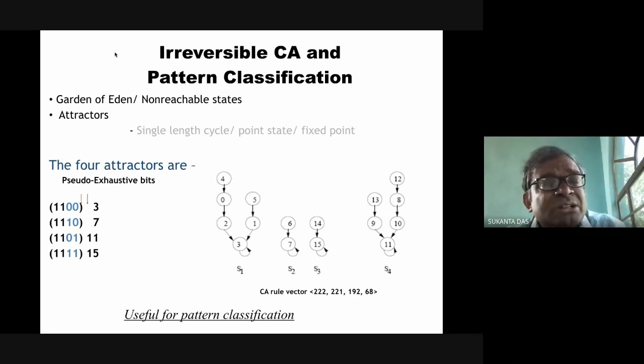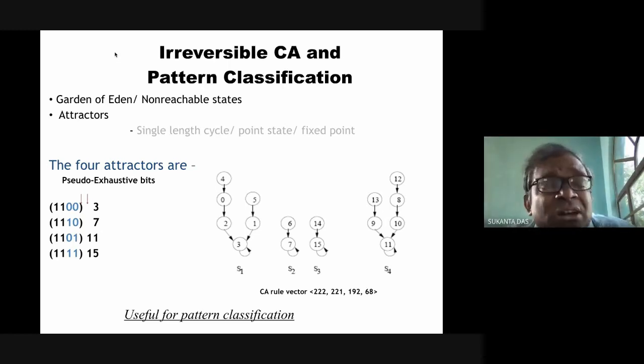See, 1100, 1110, 1101 and 1111. Please note that here numbering is in reverse way. In other cases, I sometimes use a different way, but here 1100 means 3. First bit is considered as LSB.